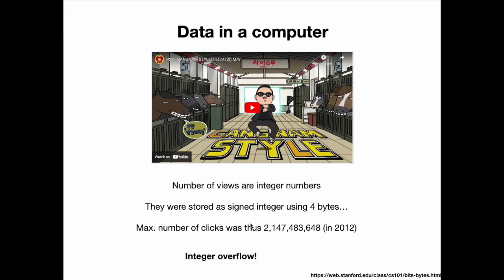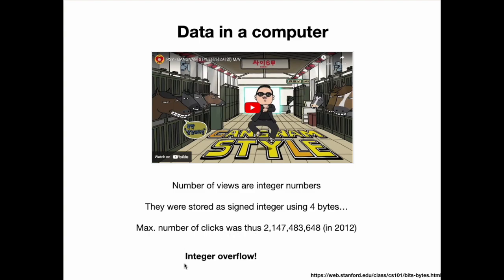And what happened is that there was this viral video, this Gangnam Style video, that went all over the planet. Everyone was clicking on this, and there was more than 2 billion people viewing the video, maybe even liking the video. And this basically led to a crash.